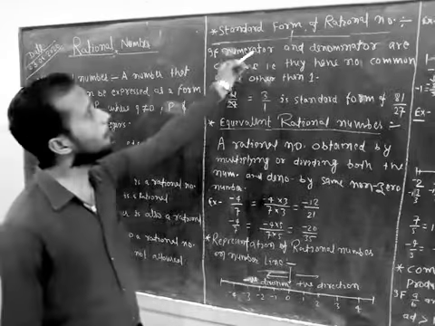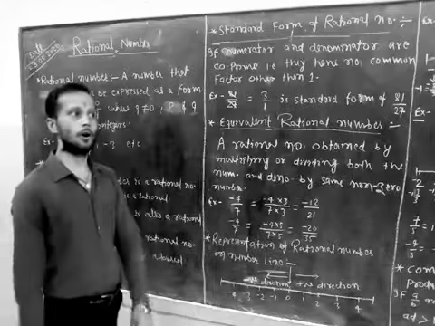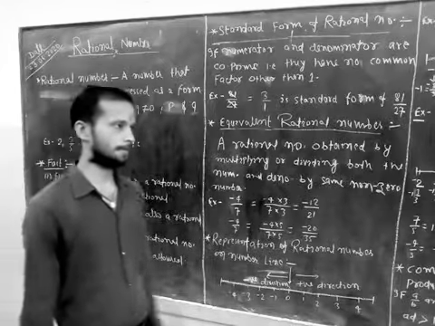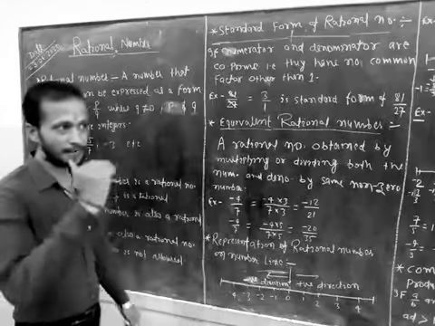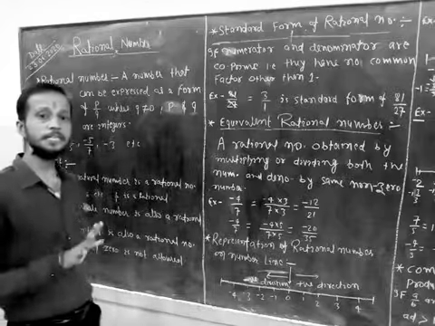Next, standard form of a rational number. Standard form is also called the short form of a rational number, that means its numerator and denominator have HCF always 1.